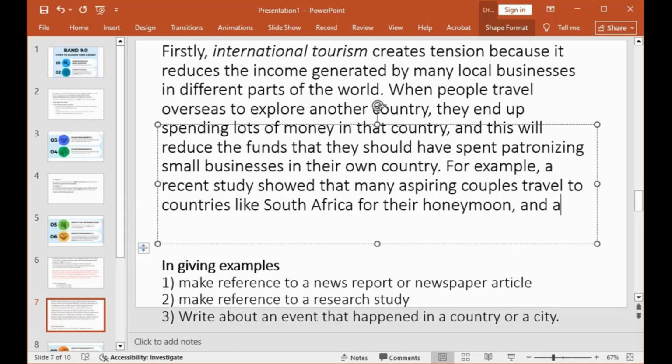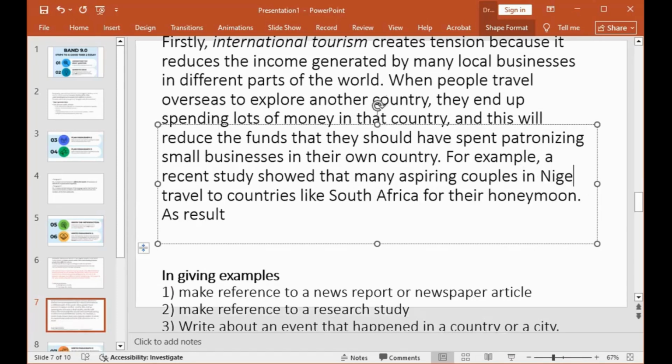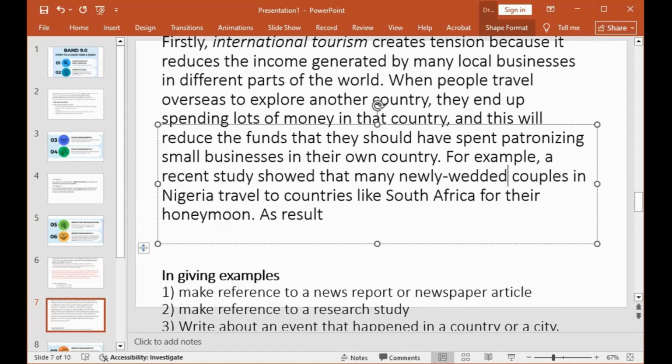And as a result, let's cut this sentence. Let's put in a country here. Many newly wedded couples in Nigeria travel to countries like South Africa for their honeymoon.